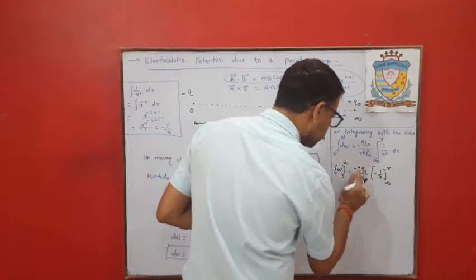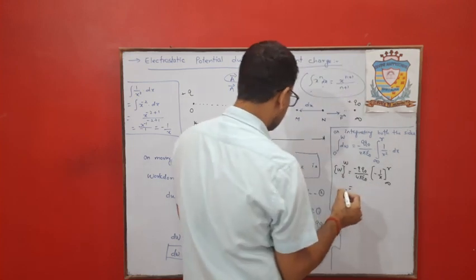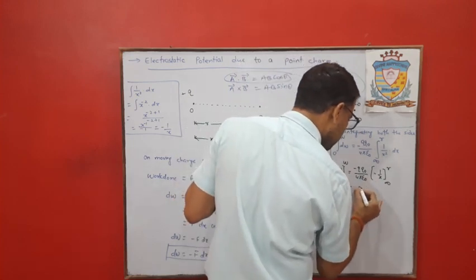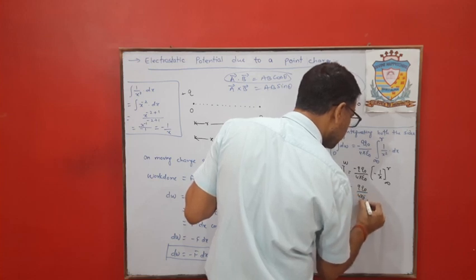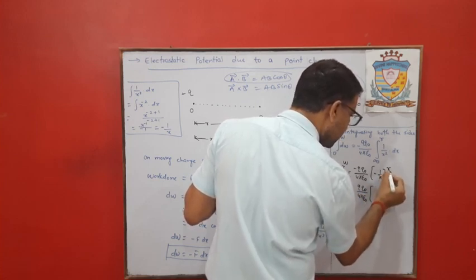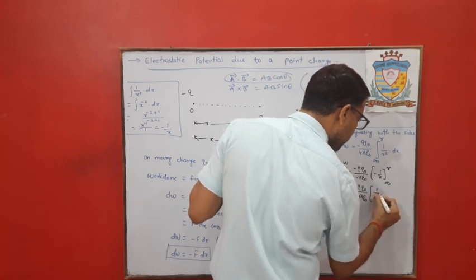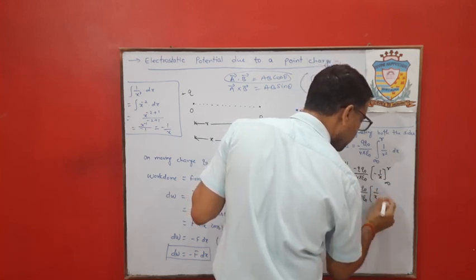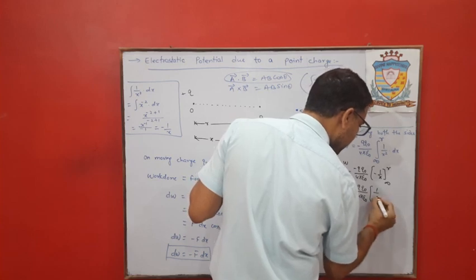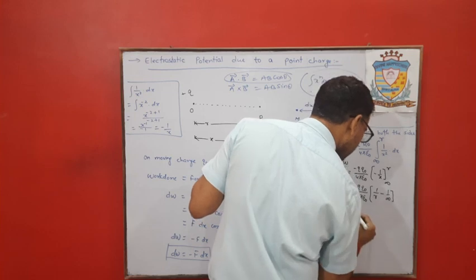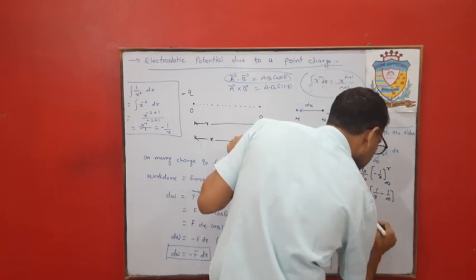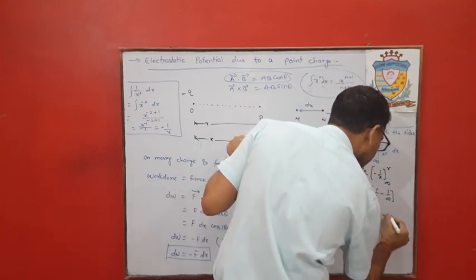So now move this negative sign out from this bracket, so it becomes q naught upon 4 pi epsilon naught, and here upper limit minus lower limit, so 1 upon x, sorry, not x, the upper limit is r, minus 1 upon infinity, or q naught upon 4 pi epsilon naught, 1 upon r minus 0.